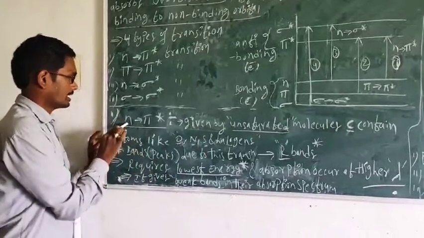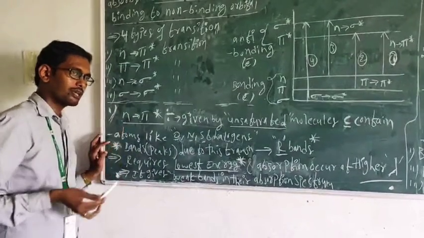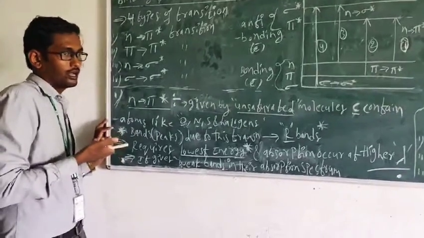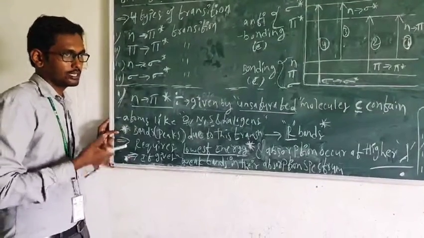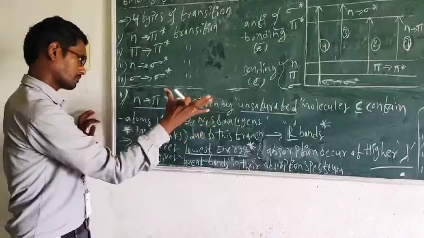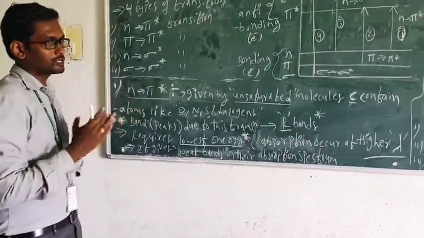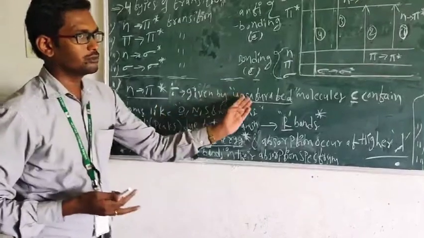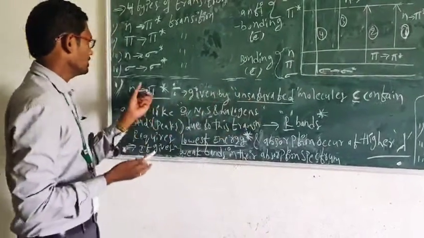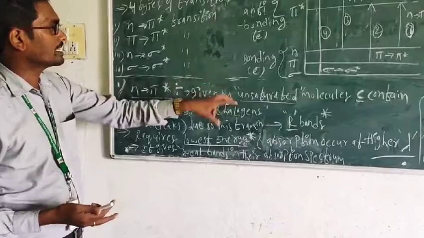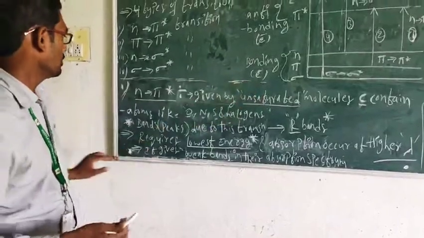Here n means non-bonded electrons, which are present in oxygen, nitrogen, sulfur or halogens. Then pi star means pi bonds must be there. Unsaturated molecules consist of pi bonds. So this transition will occur in these kinds of compounds.